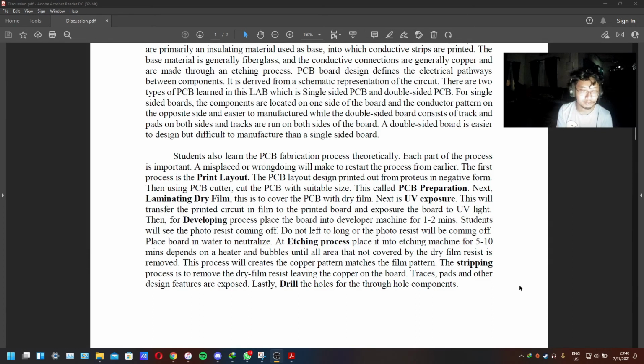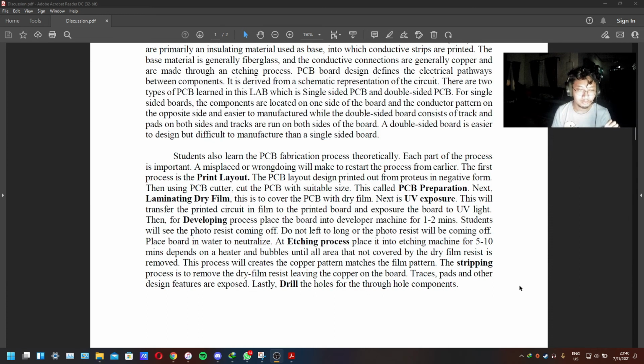One of the processes is print layout, where we print the designed circuit from Proteus in negative form. Then we go to PCB preparation, where we use a cutter to cut the PCB to its size. Then we melt dry film to cover the PCB with dry film. Then we expose it with UV.